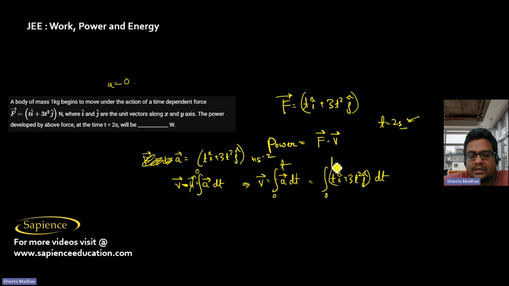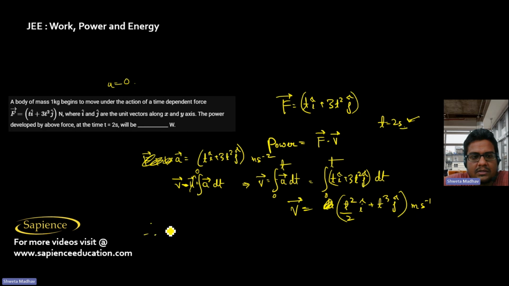So it is t square by 2 i cap plus 3t square gives t cube by 3 times 3, so t cube j cap, this much meter per second. This is the velocity at any time t.